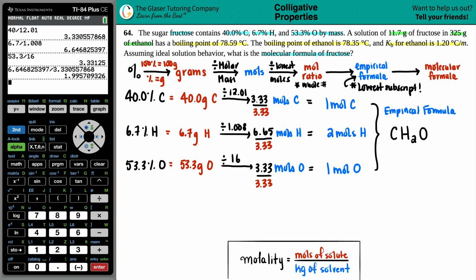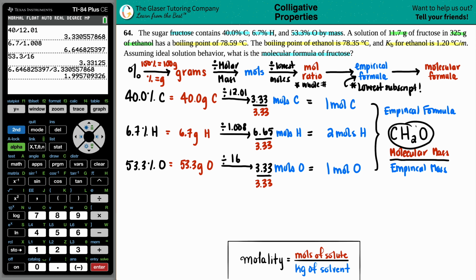Now, generally speaking, if we want to find the molecular formula, all we have to do is take our molecular mass and divide it by our empirical mass. The empirical mass comes from the empirical formula, and the molecular mass comes from the molecular formula.